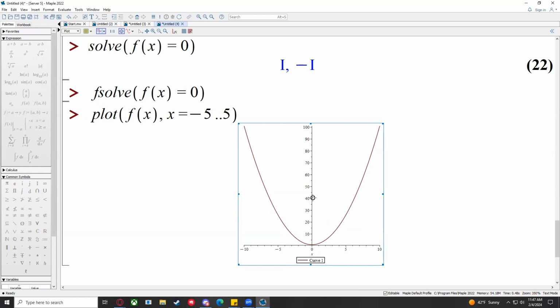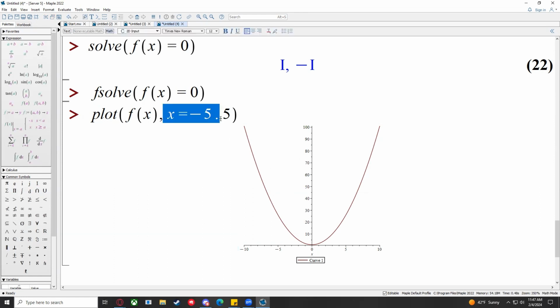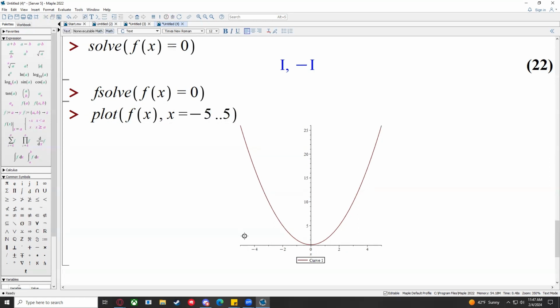I'm not going to go too into all of these little features because generally we don't use them too much. We mostly just use this part. So if we want to make sure we plot, we always want to make sure we write whatever it is that we're graphing, and then X equals the values that we're interested in. So if I rerun this, you'll see that my X values changed, and it is no longer -10 to 10. It is now -5 to 5.